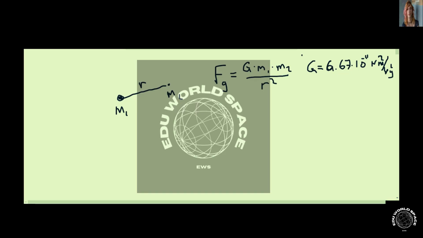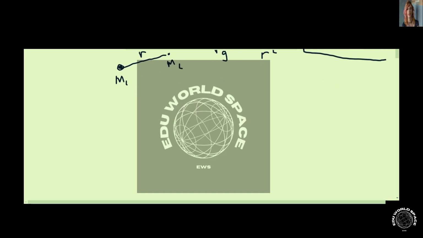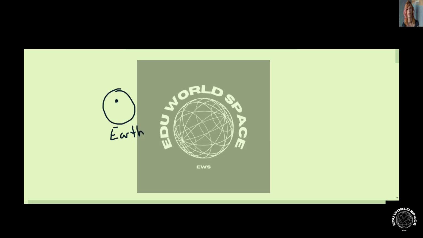Okay, and let's now consider that we have a person. This is Earth. Now we have a person who's in Sacramento, which is at sea level, and also on top of Mount Everest.